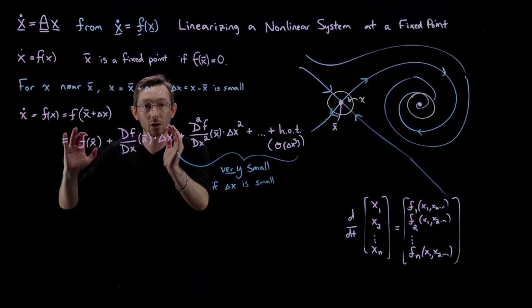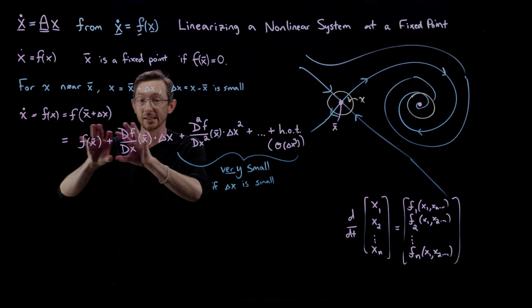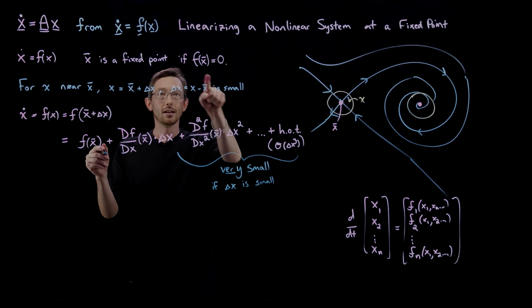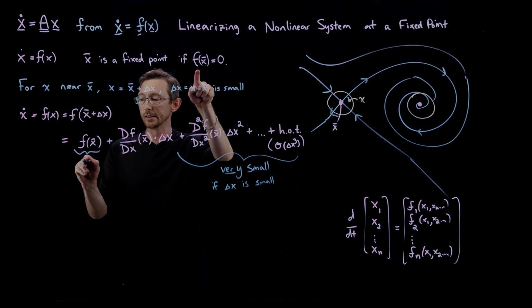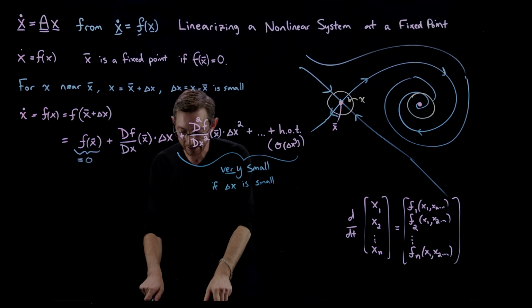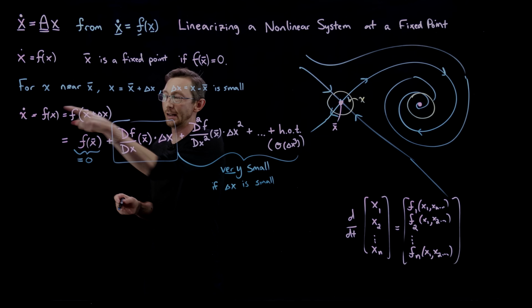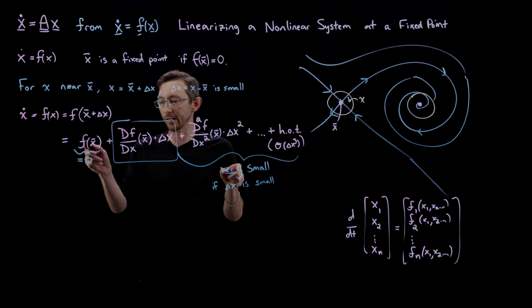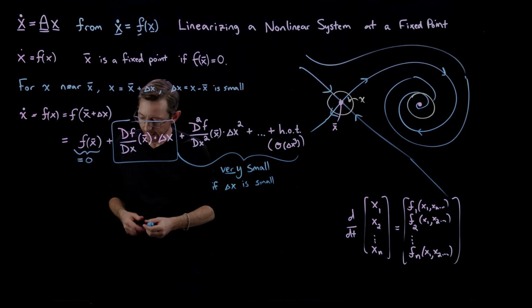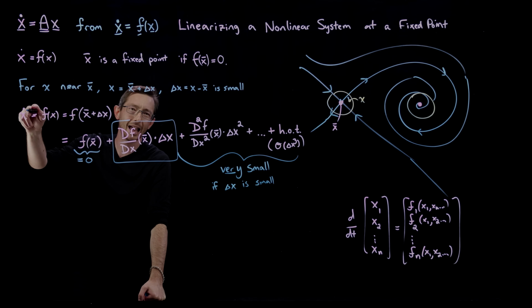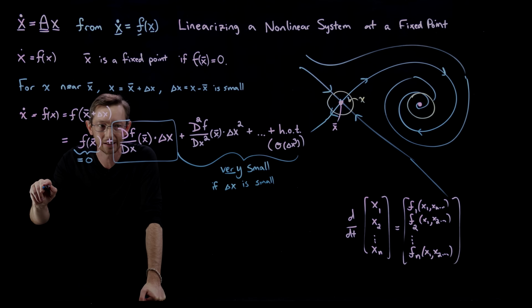So you get a very good approximation of the dynamics with this first term. And then the last piece is, of course, f of x bar is equal to 0. So this is the only term that's left in the dynamics when these are small and this is 0.